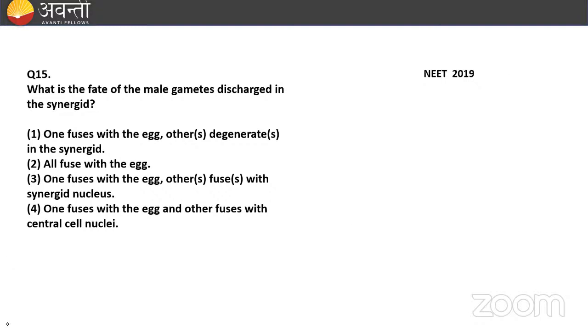So all of you have answered it correctly. Very good. The correct option is option number 4, that one fuses with the egg and the other with the central nuclei. This is known as double fertilization.